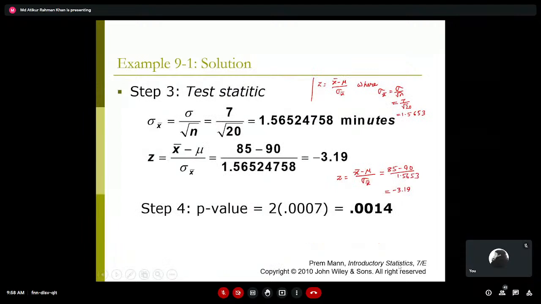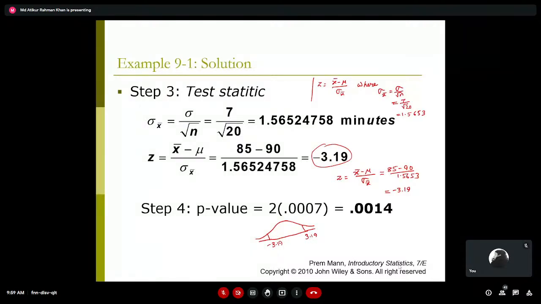So first thing that we need to do, it's a two-tailed test, so the rejection region would be on both tails, the left tail and the right tail. Now, what is this value? This is the calculated value. Negative sign is coming to the left tail, and positive sign is with the right tail.